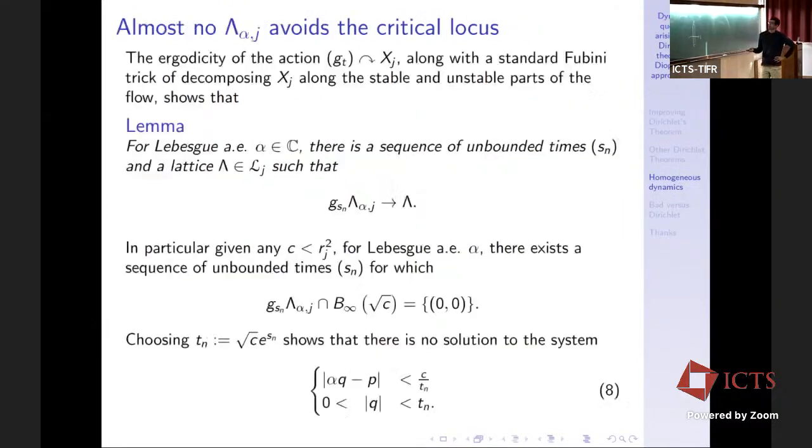And that means you have a trivial intersection here, which exactly translates into this thing, again by the substitution, having no solutions. So, okay, I hope this is clear, but it's just ergodicity that will show you that almost no alpha is Dirichlet improvable.